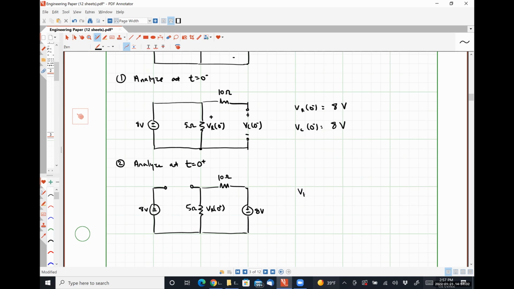We know that VC at 0 plus has to be 8 volts because the voltage drop across the capacitor cannot change abruptly.